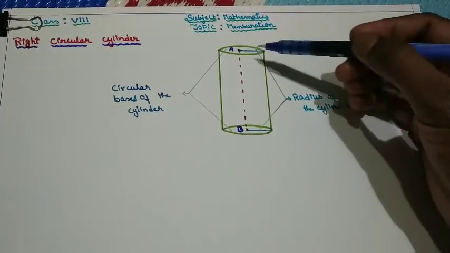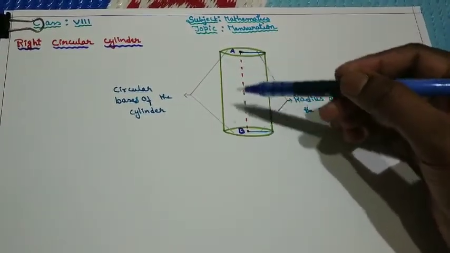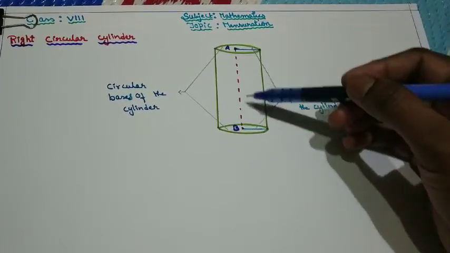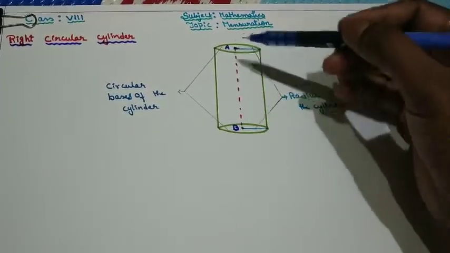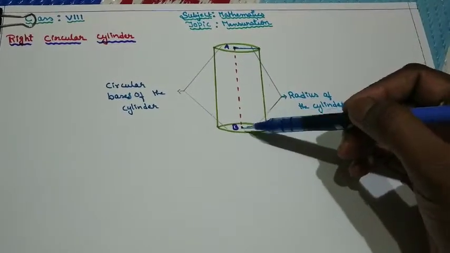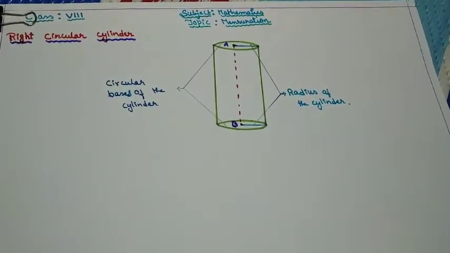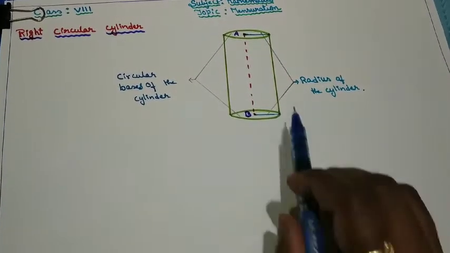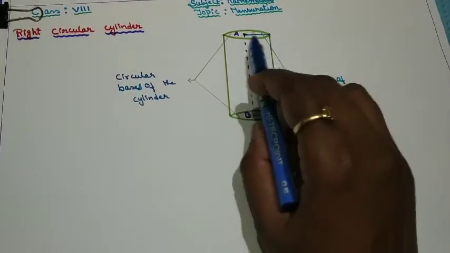The line segment joining the centers of these two bases is called the axis of the cylinder. So here we can see the line segment from A to B is the axis of the cylinder. The radius of the cross section is called the radius of the cylinder.